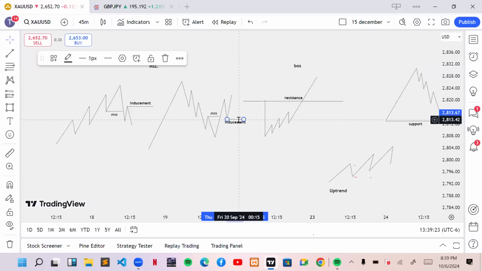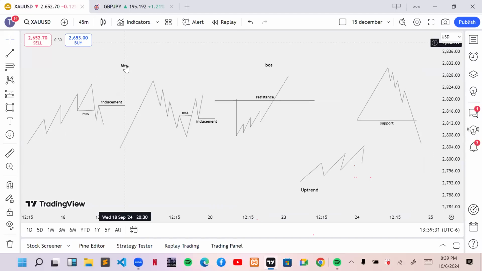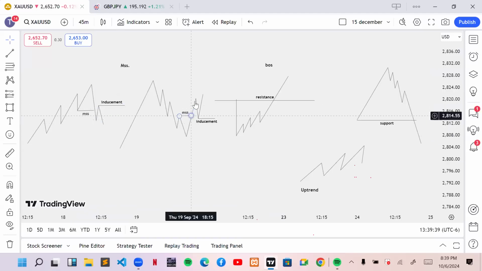The inducement is the first valid pullback that market makes after a break of structure or a market structure shift. This was when market broke structure to the downside. This is the first pullback it makes before continuing that move. Same as this, market changed structure to the upside. After it changed structure to the upside, it made the pullback before continuing that move. The pullbacks it makes are the inducement.